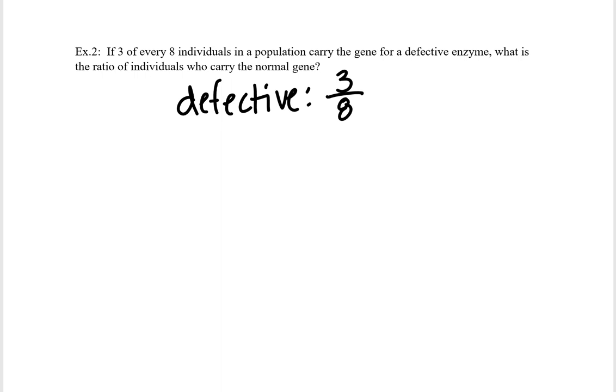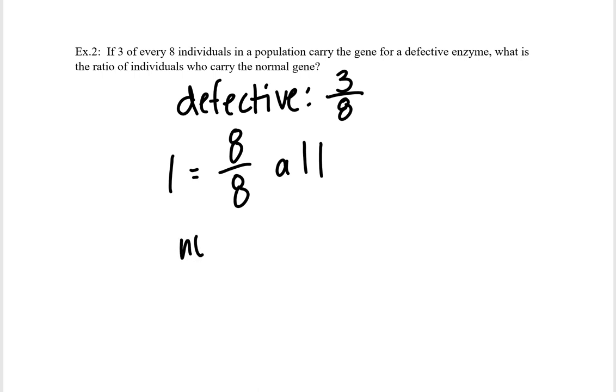Now everyone else would be considered carrying the normal gene. So the ratio is going to be, you can call it the complement, or you can just say the rest of the 8. So you can think of 8 of 8 being all, which is also considered 1. So you could just say 1 minus 3 over 8 to get the rest, or the normal.